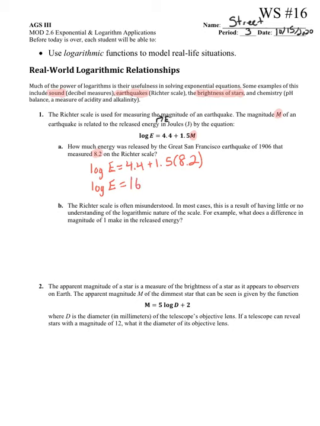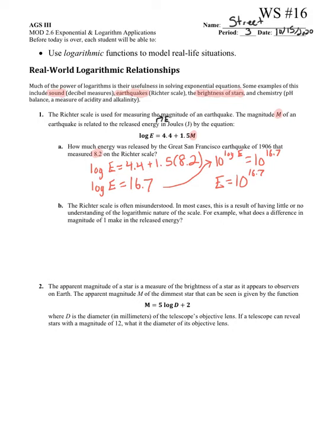And we get 16.7. Now we have log base 10 of E, so we have to undo the log. So we want to do a base 10 of both sides. And E ends up equaling 10 to the 16.7 power.